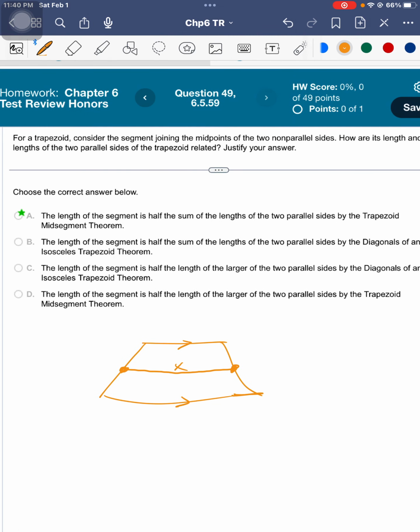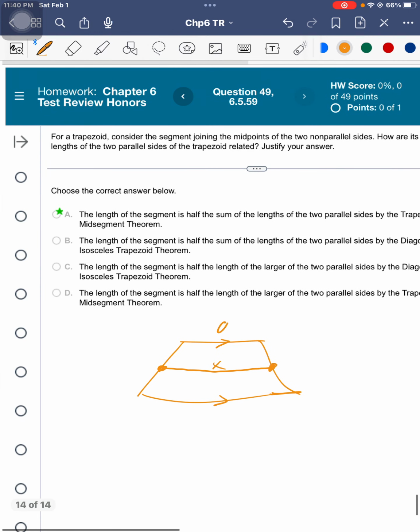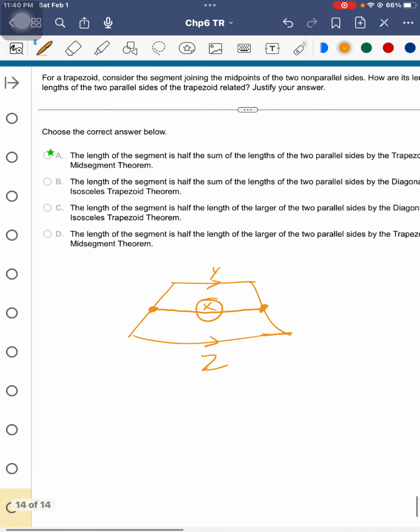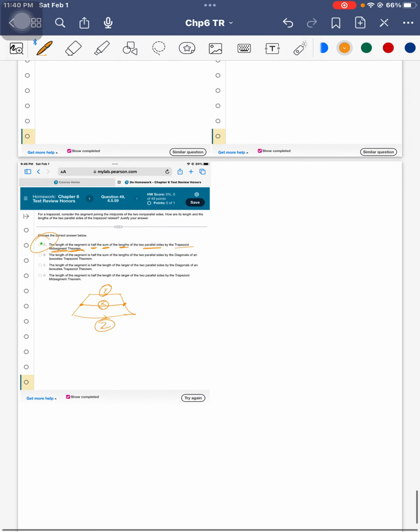How is its length related to the lengths of the 2 parallel sides, this length and this length? Oh, well, the mid-segment is just half of the two parallel sides. So the length of the segment is half the sum of the lengths of the 2 parallel sides, by the trapezoid mid-segment theorem. So this is the correct answer.